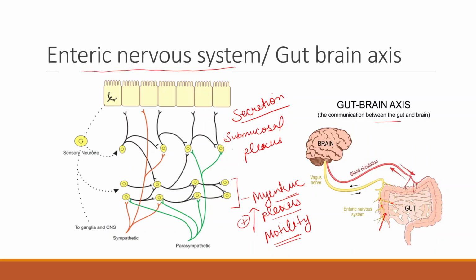And research says that this also plays a role in various things apart from GIT or digestion. Okay, so for example behavior is concerned, for example immunity is concerned. So we'll discuss this point later on in brief.